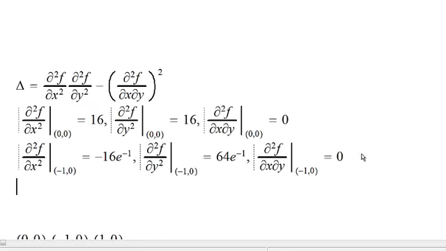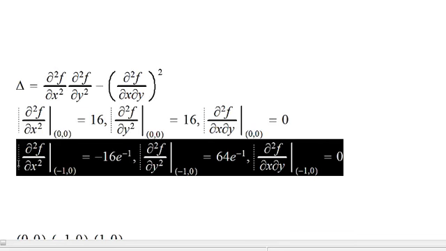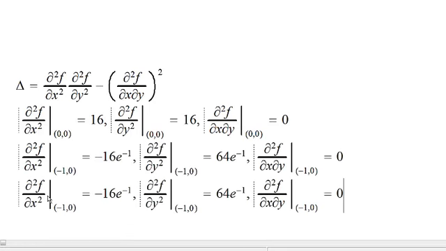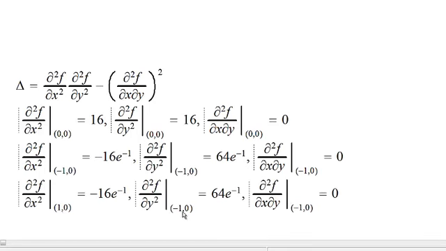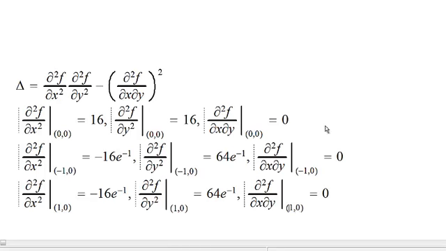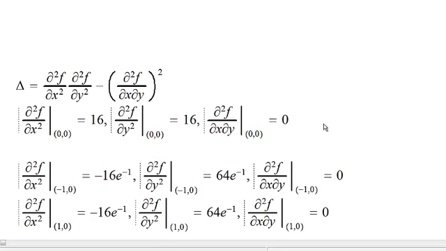So we can just change all these guys, +1, +1, and +1. This is 0, right?